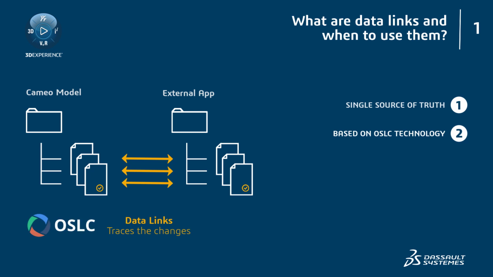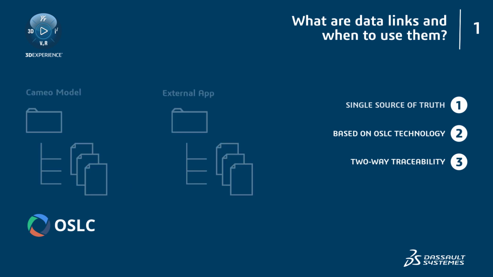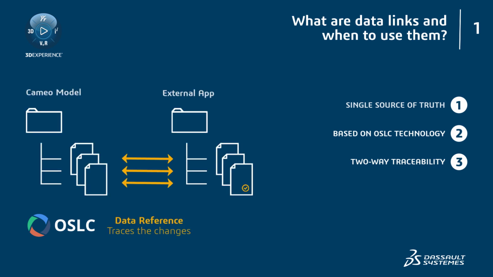This method is based on the OSLC specification and ensures clear separation of data between the applications involved in a modeling process. Links established between modeling and requirement domains enable two-way traceability based on SysML standard relationships. When a change is detected, suspect status is set on both sides of the link.